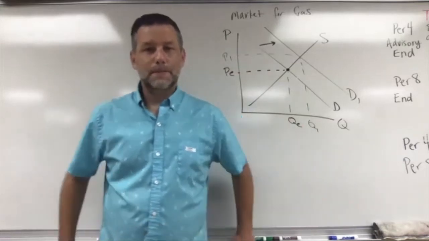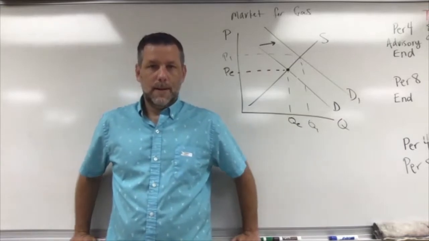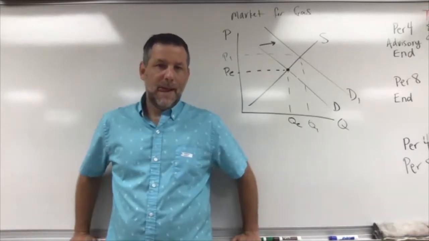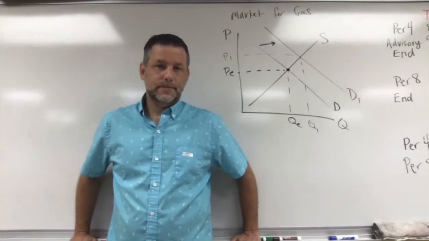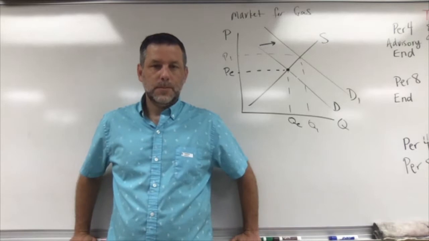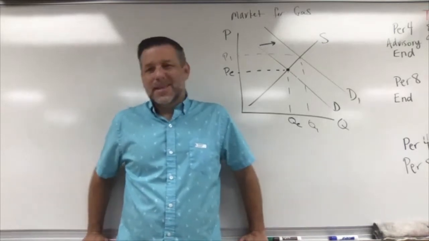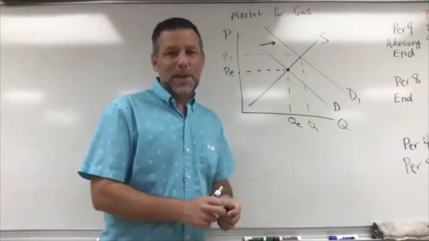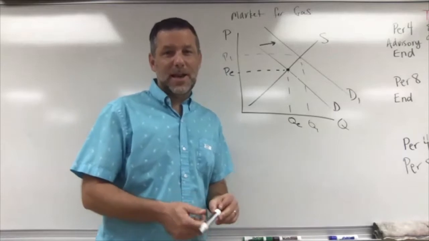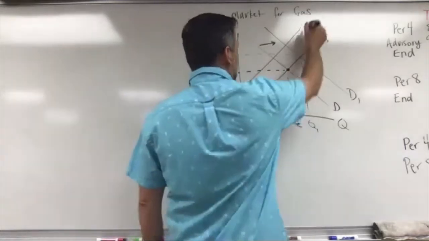Yeah, Samantha. Isn't it this model where we can only move one line? So you can only move demand and not supply, or you can only move supply and not demand? If we do move both of them, then it gets a little bit more complicated. Like if we wanted to show what was happening with that boat that was stuck in the Suez Canal, we could decrease supply.